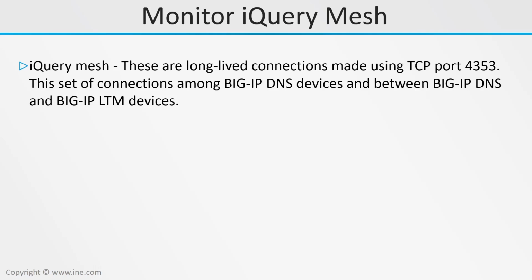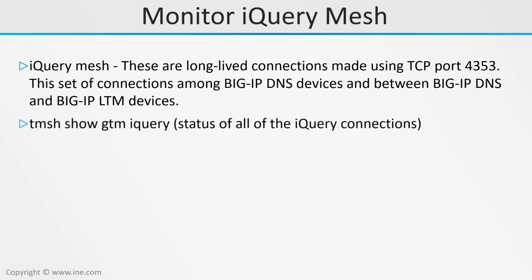These connections are among DNS devices and between DNS devices and LTM devices, so they're a pairing of proprietary F5 products. You can get the status in the GUI page in the GSLB server object list. You can also get it from the command line. If you see green in the server list, that indicates that the iQuery connection is successful.